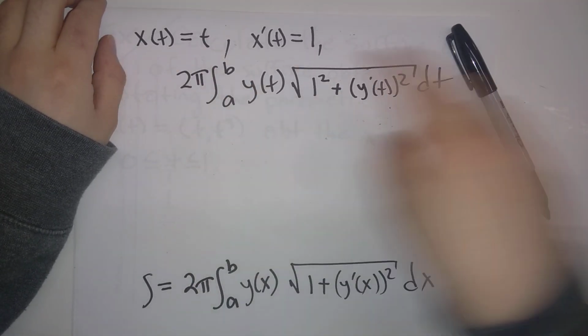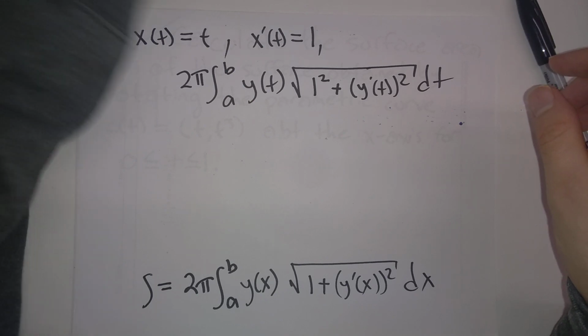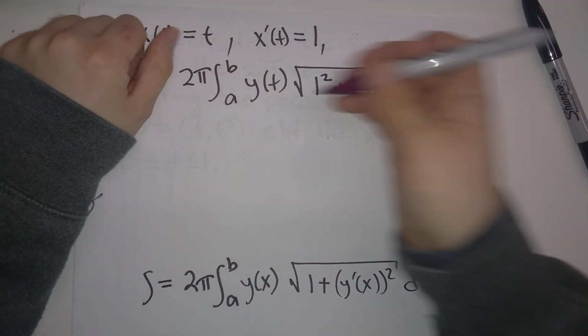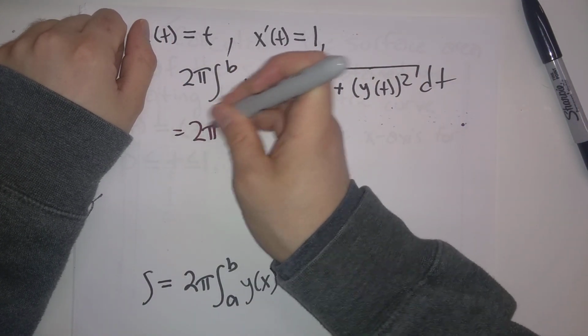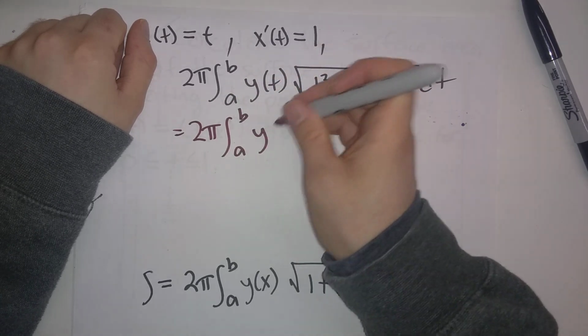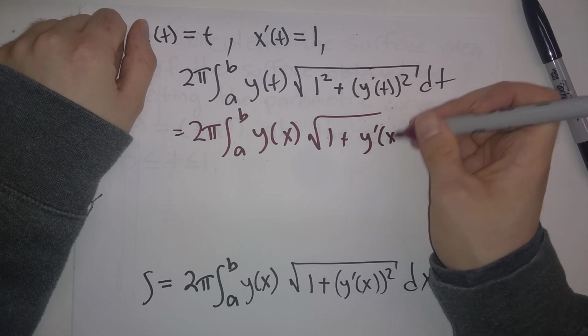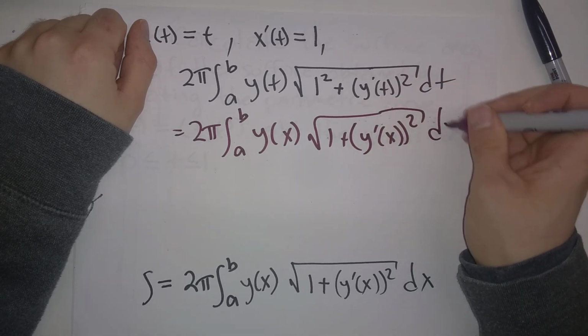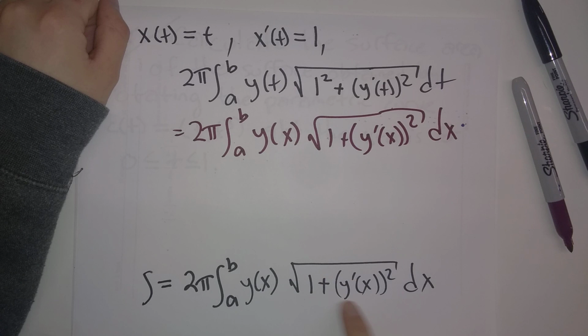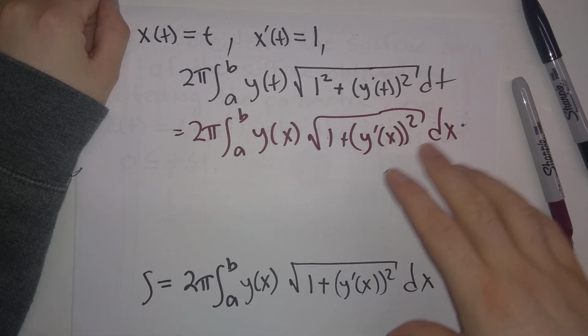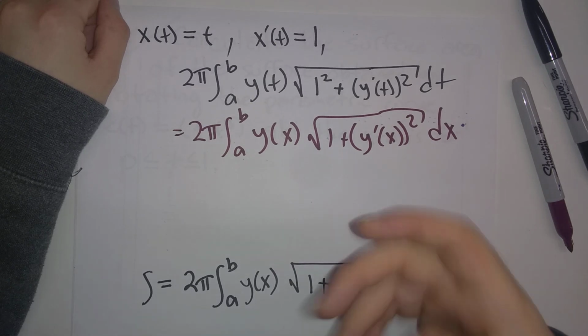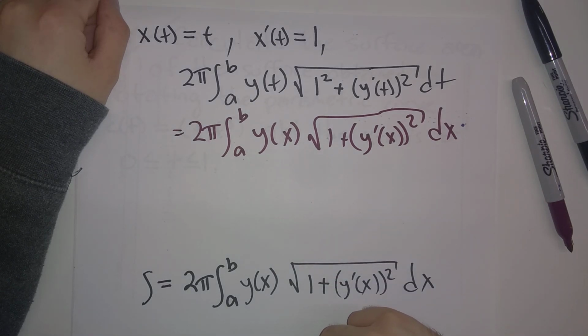But if x of t is equal to t, that says that x and t are the same. So everywhere we see a t, we can replace it with an x. Of course, if we want to replace y of x with f of x, we can certainly do that. But here we see the theorem that we had back in section 8.2. That formula is just a special case of this formula.